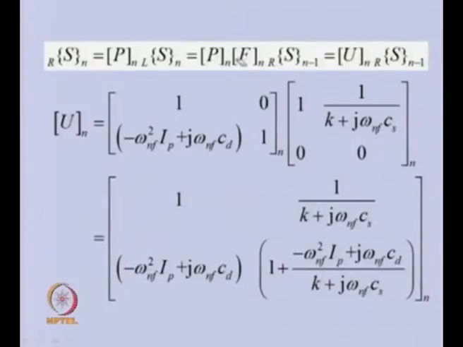This P into F is the transfer matrix, which relates the right of n minus 1 disk to the right of nth disk, and we get it by multiplying P with F. This is the form of the transfer matrix. You can see this is complex, but still the size is 2 by 2.